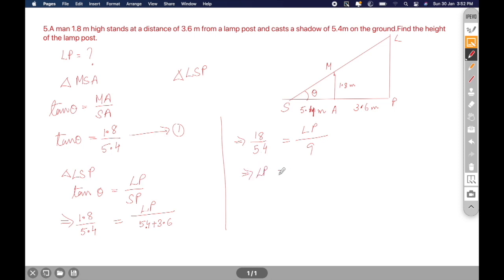So LP equals 18 into 9 by 54, which is equal to 3 meter. So the height of the lamppost is 3 meter. So this length is 3 meter.